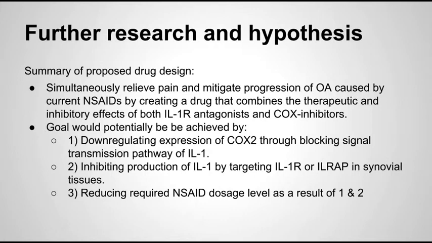So this goal would potentially be achieved by downregulating the expression of COX-2 through blocking the signal transmission pathway of interleukin-1 and inhibiting the production of interleukin-1 by targeting interleukin-1 receptor or IL-1RAP in synovial tissues. Those 2 points are specifically dealing with the messaging pathway and blocking that. And then 3, reducing the dosage level of the NSAID as a result of 1 and 2.